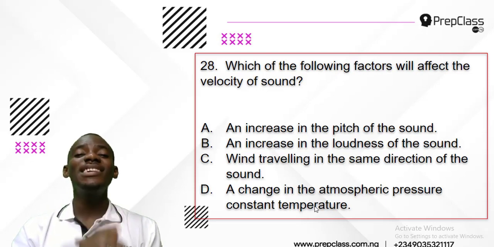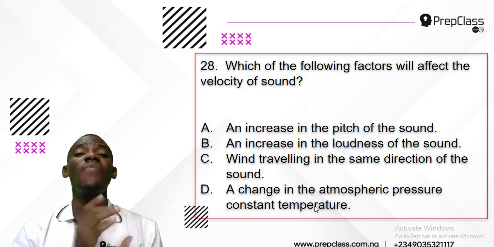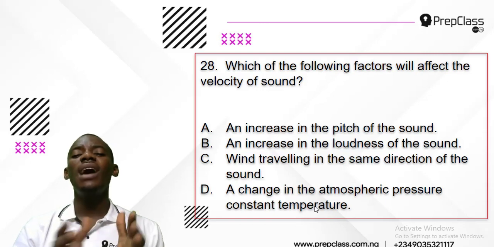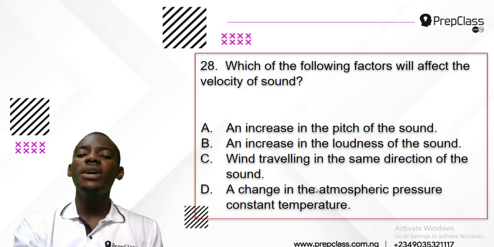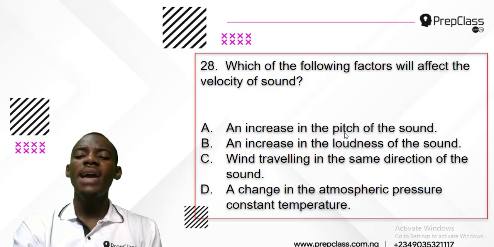But if you are in the desert and you make a sound, it will travel faster. So sound travels faster when it is hot than when it is cold. Those are factors that affect sound, but we were not given any of those factors. We were given pitch, loudness, wind traveling in the same direction, change in atmospheric pressure, constant temperature, and so on.